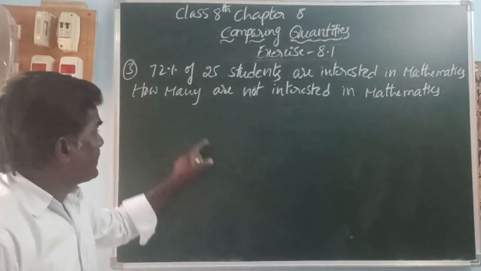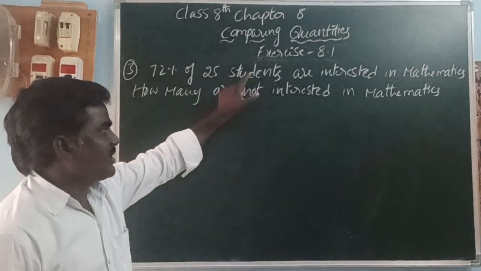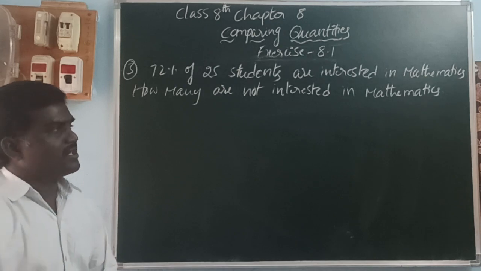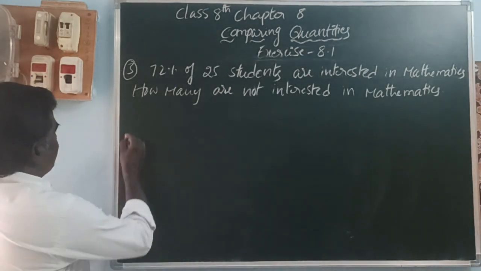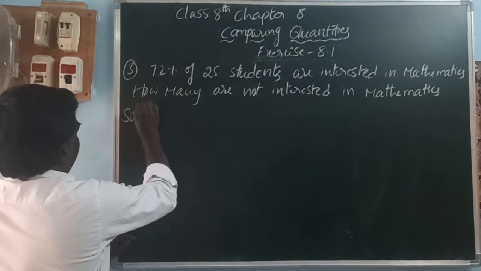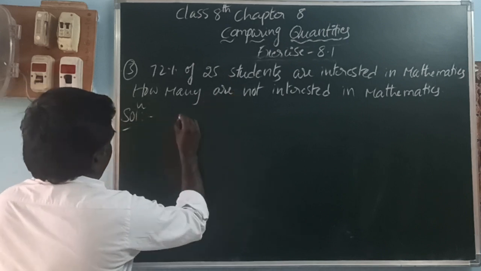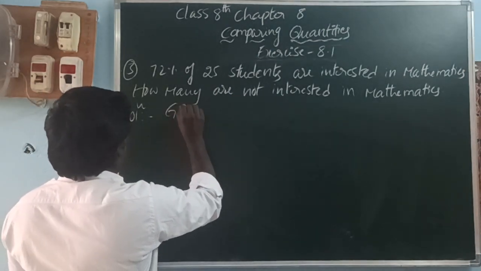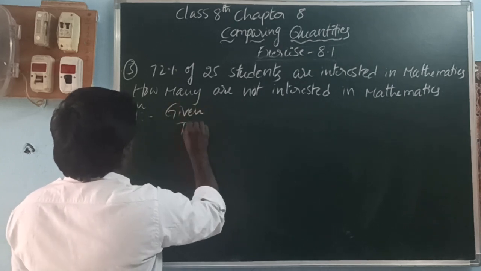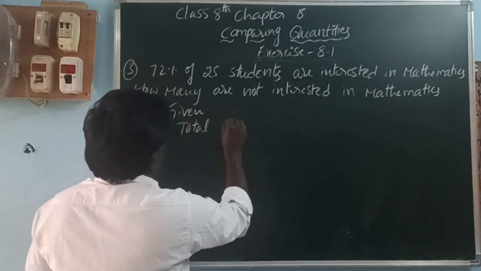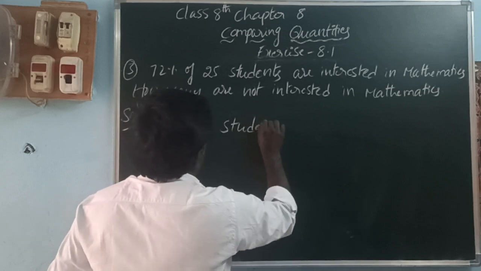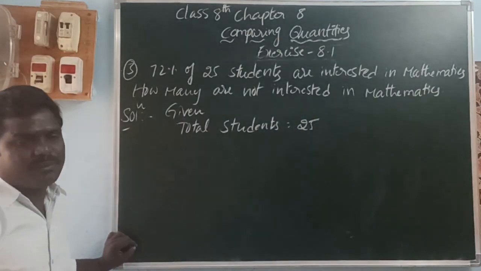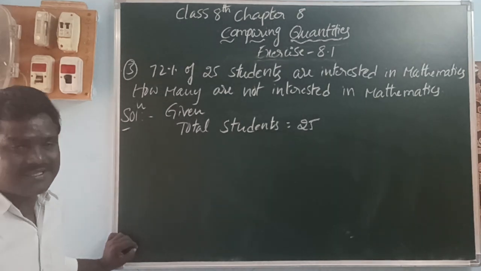Third one: 72% of 25 students are interested in maths. How many are not interested in maths? Here the total number of students is given as 25. In these 25 students, 72% are interested in maths.